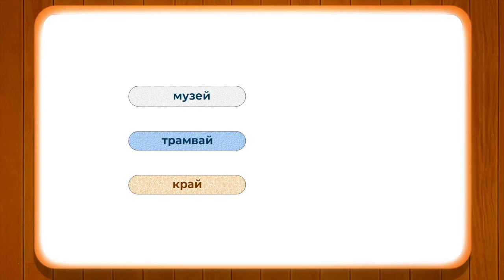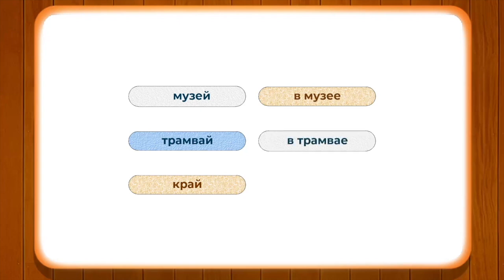So in place of y kratkoe, it changes with ee, and in case of kray, it is also replaced by ee. So muzey changes into v muzee. Tramvay changes into v tramvae. Kray changes into na krae. So there is a difference between the usage of such kind of words. The ending changes. However, for the usage of these three words, we always use the preposition v.